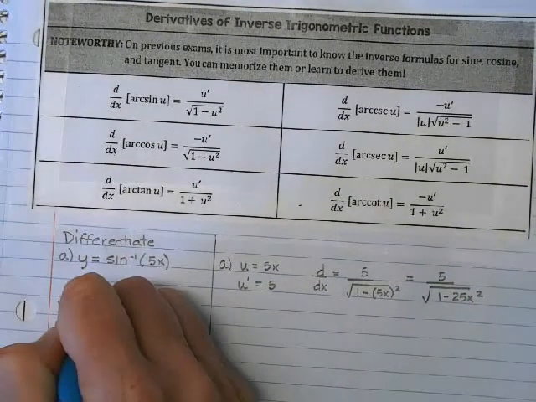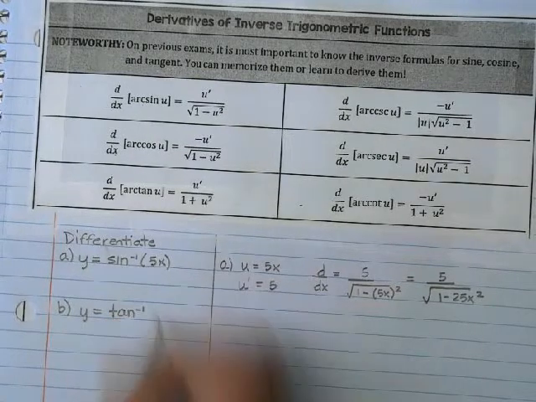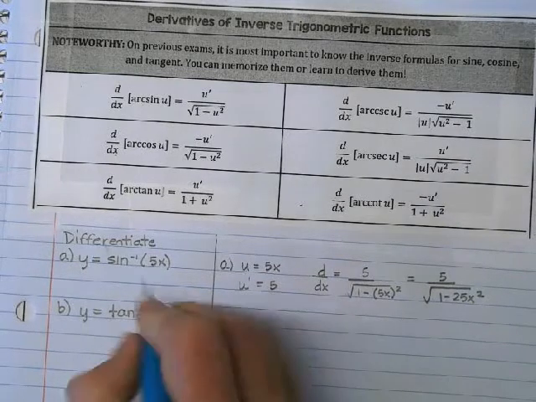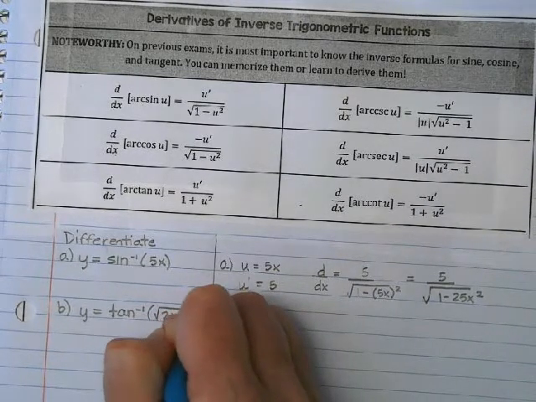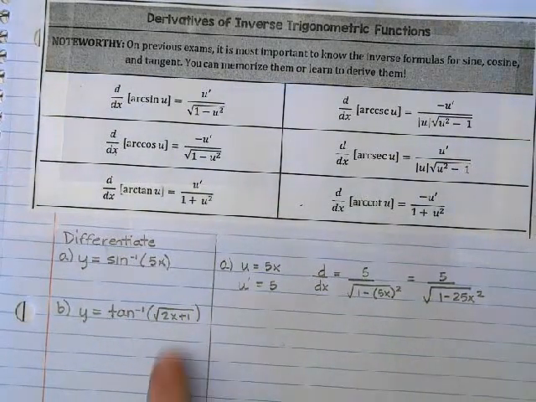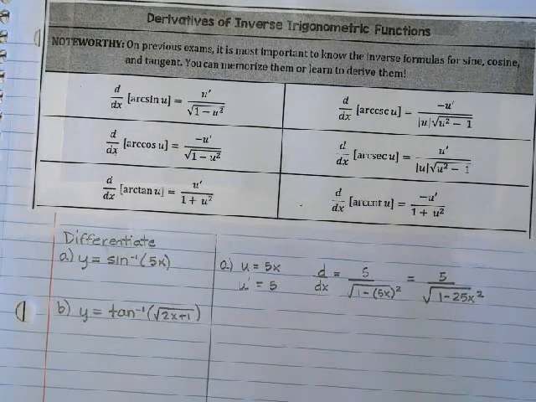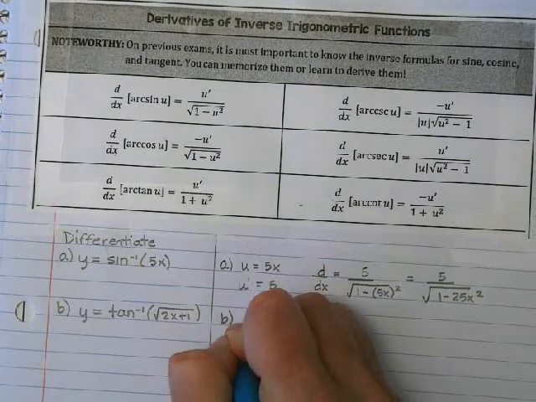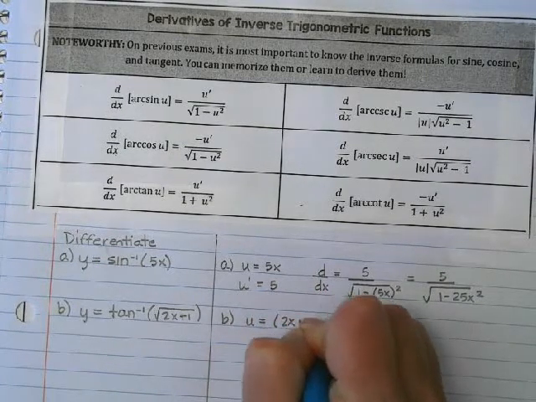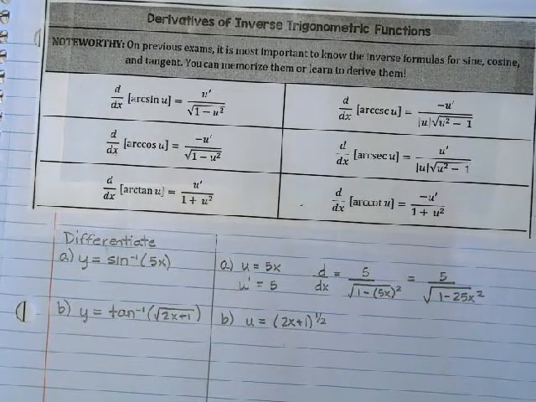Okay, let's say we had y equals the inverse tangent of the square root of 2x plus 1. That's our u right there, the square root of 2x plus 1. So u is (2x plus 1) to the 1/2.